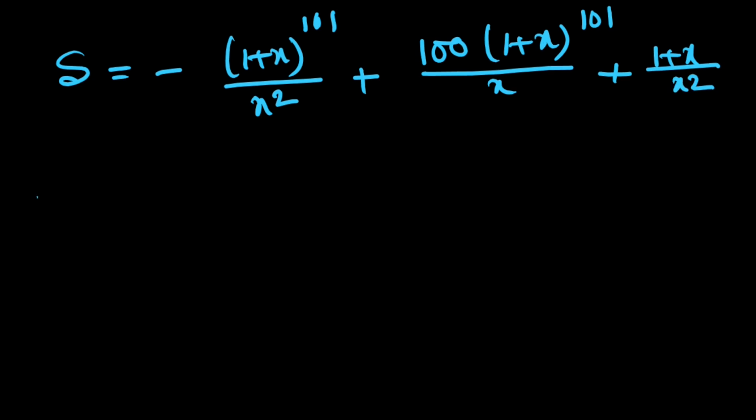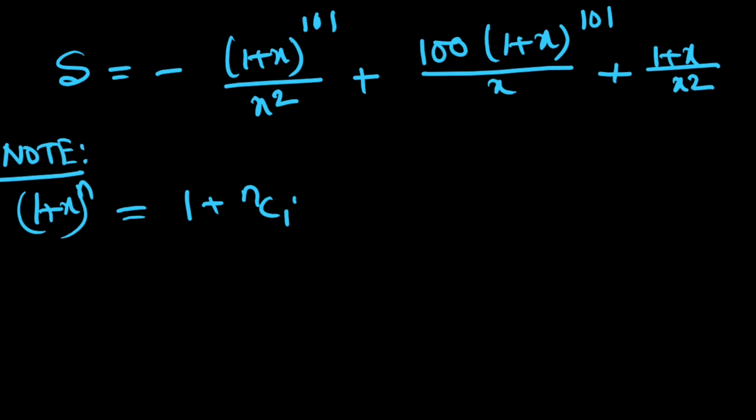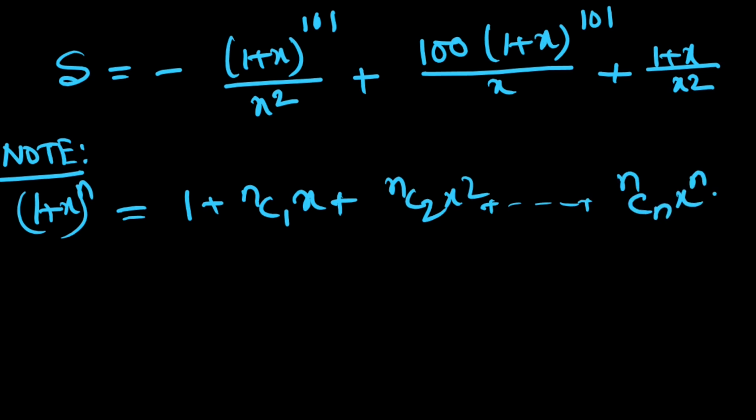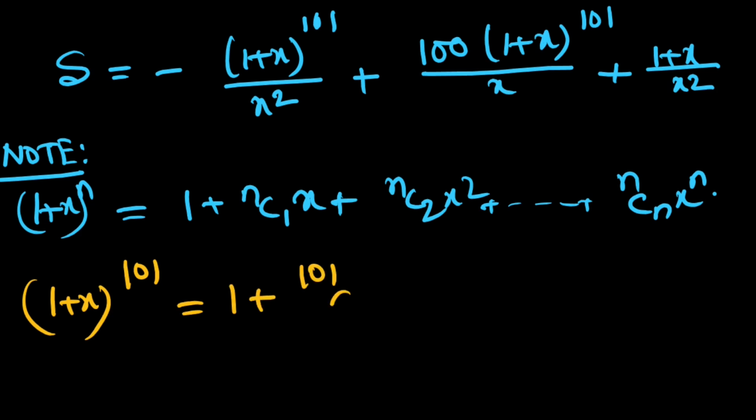Now we expand (1 plus x) power n. Its general term is 1 plus nC1 x plus nC2 x square up to nCn x power n. Now if we expand this (1 plus x) power 101, we get 1 plus 101C1 x and so on.